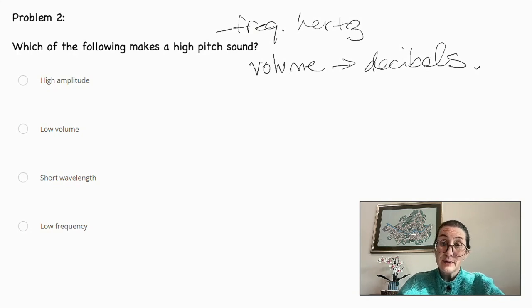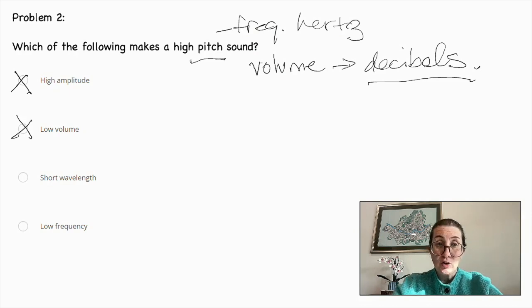So high amplitude is a loud noise, therefore it is measured in decibels and is not to do with pitch or frequency, so that is not the correct answer. And for similar reasons, low volume is not the correct answer either because it's also calculated in decibels.